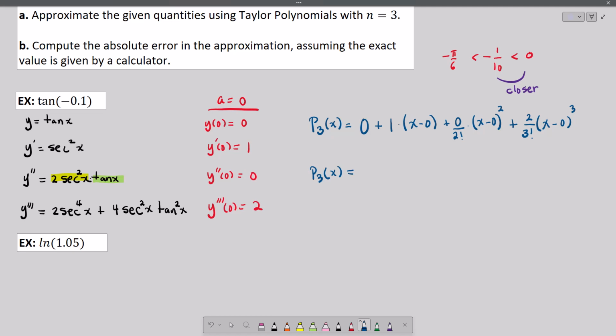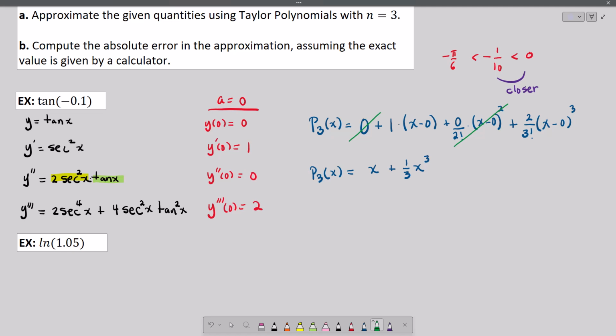So this is going to end up being x. And then here, if we simplify that, we would have 1/3 x cubed. So that is p sub 3. We have these two terms that are just 0. That term is 0, that term is 0. So that is our best cubic approximation, third order Taylor polynomial centered at 0.